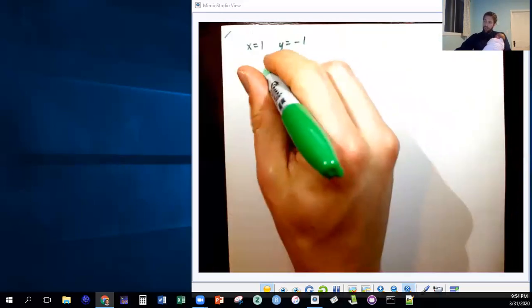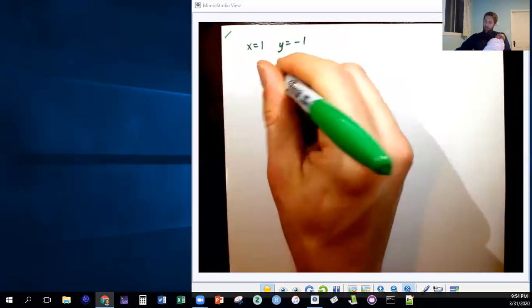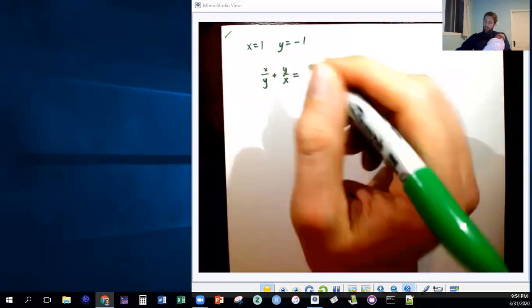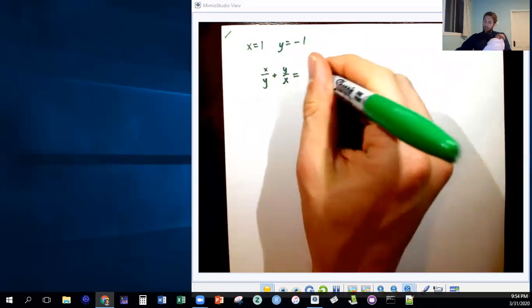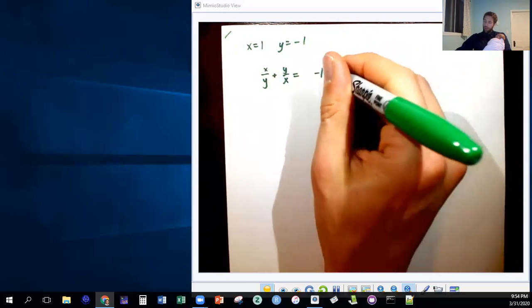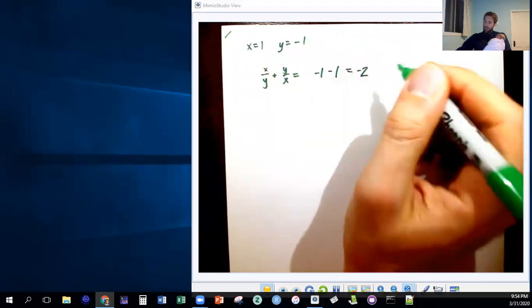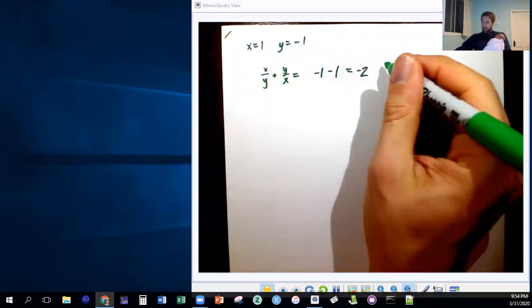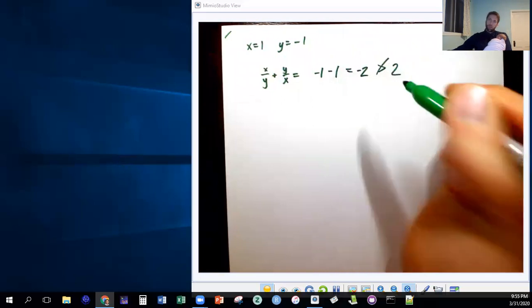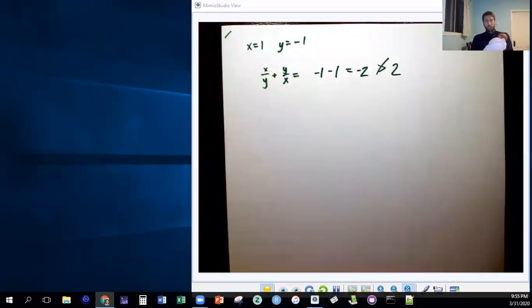In that case, x over y plus y over x equals 1 over -1, which is -1, plus -1 over 1, which is -1, and that is equal to -2, which is not greater than 2. So that's an example that shows that it's false.